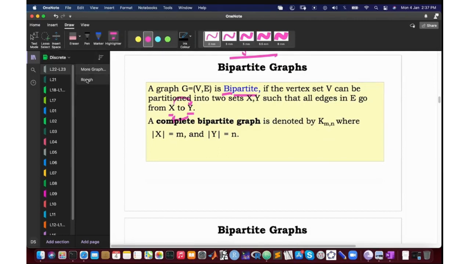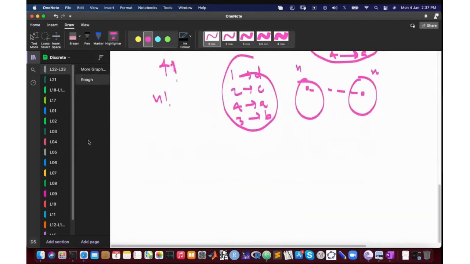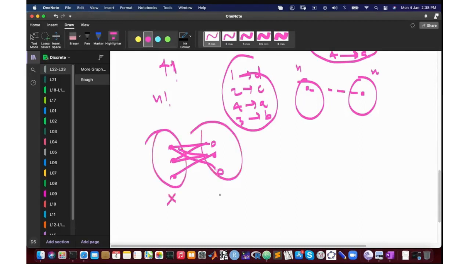So let me give you an example. For example, if you have a graph like this, okay, so let me call this thing x, this thing y. Okay, this is a bipartite graph.